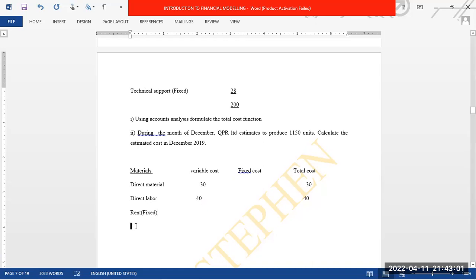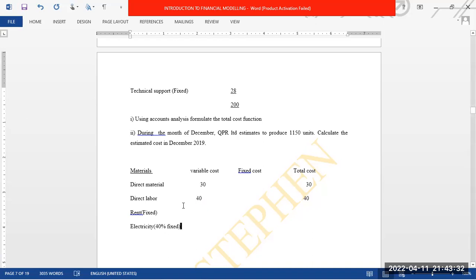Then we have electricity, 40% fixed, meaning the other part is variable.